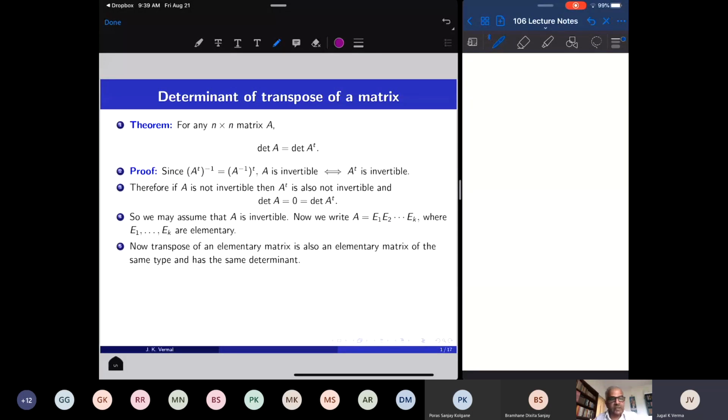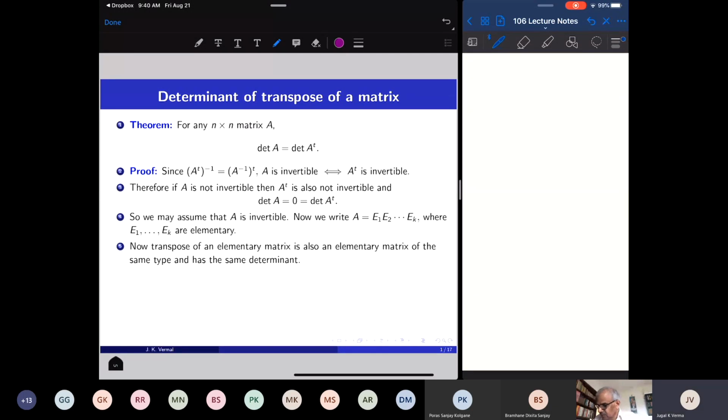Now transpose of an elementary matrix is also an elementary matrix. You know the structure of the 3 elementary matrices corresponding to elementary row operations. So if you exchange 2 rows, you get an elementary matrix, and its transpose is again an elementary matrix of the same type. Then you can check for the other 2 row operations that they give rise to the other 2 elementary matrices, and their transposes are elementary matrices of the same type.